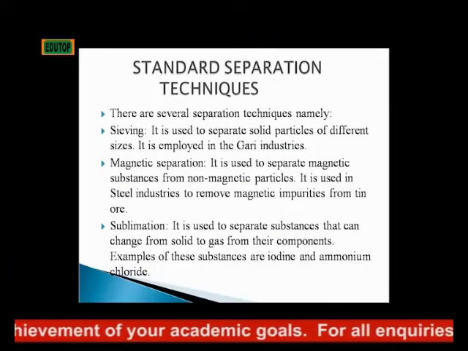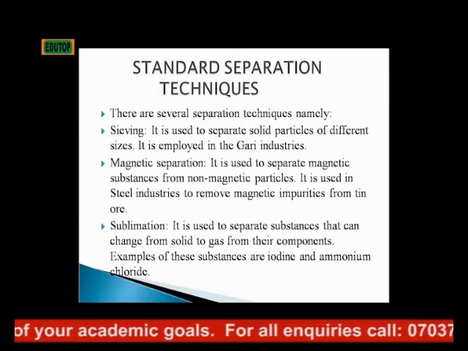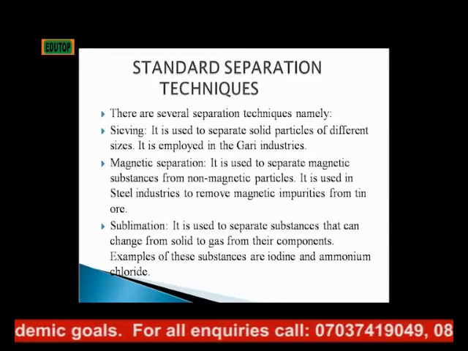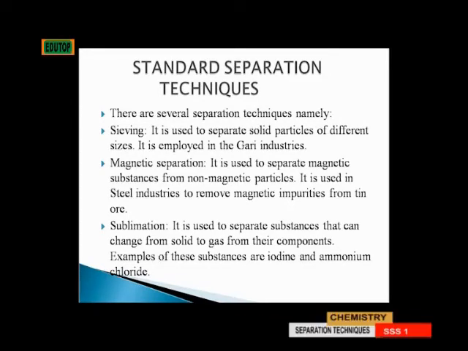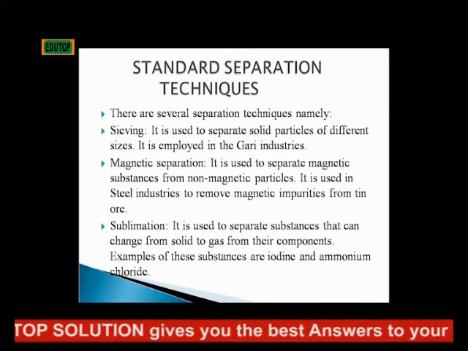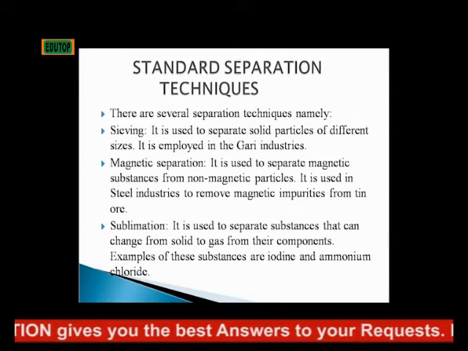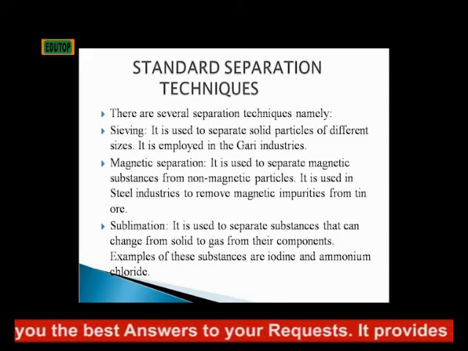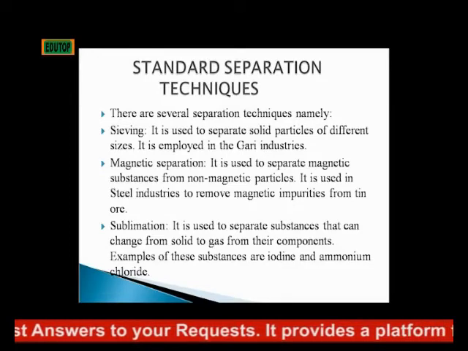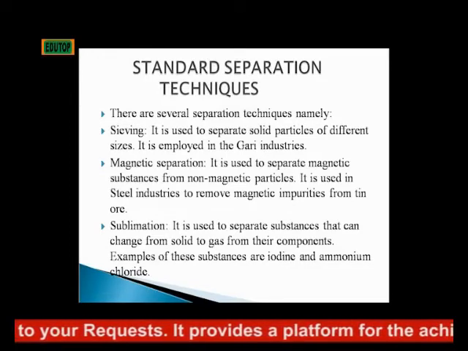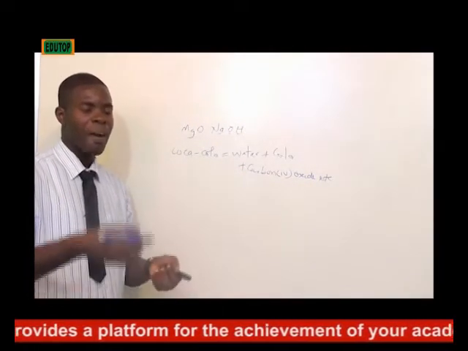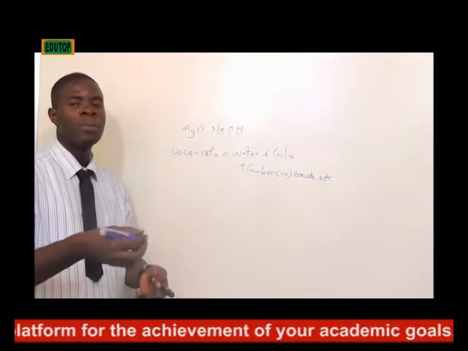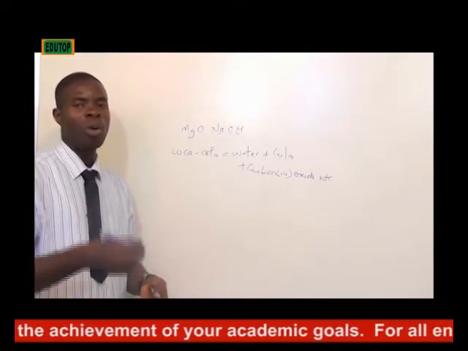There are several separation techniques, namely sieving. Sieving is generally known because we use it in homes and it is also used in the village. It is used to separate solid particles of different sizes. It is employed in the garri industry. In the garri industry, we use sieving to separate fine particles of garri from the irregular ones.